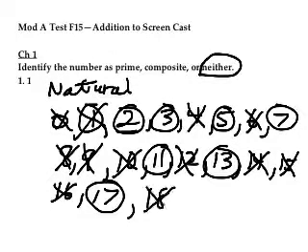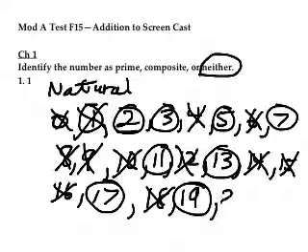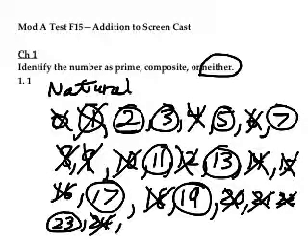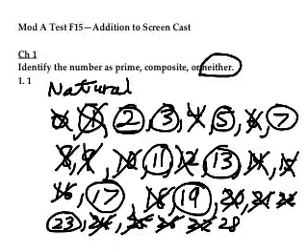18, no. 19, yes. 1 and itself. 20, no. 4 times 5, 10 times 2. Okay, so not 20. 21, 3 times 7. 22, of course, no. 23, yes. 24, no. 25, no. 26, no. 27, no. 28, no. 29, yes.